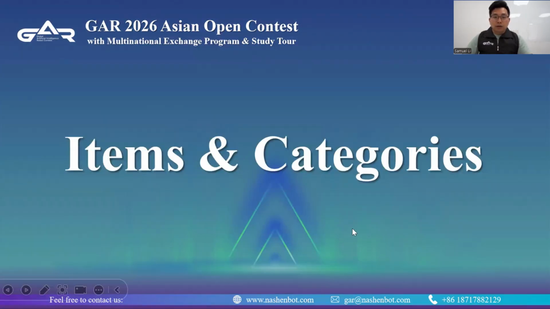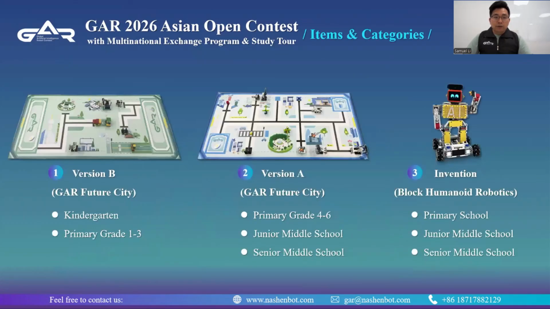First, let me introduce the items and the categories. For the GR contest, we have three items: Version B, Version A, and the Invention. Version B is suitable for kindergarten and primary grades 1 to 3.